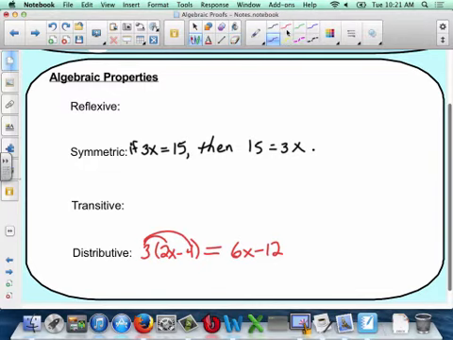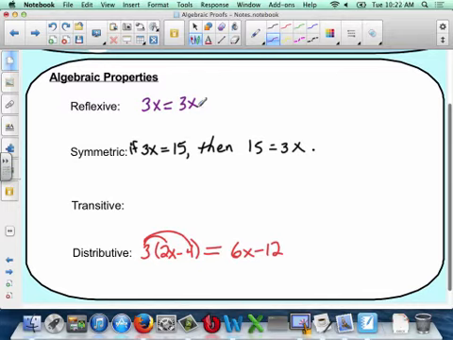Oh, write it in your head. We'll just say that 3x is equal to 3x. That's the reflexive property. What you see is what you get. It's the same exact thing on both sides. And that's the reflexive.